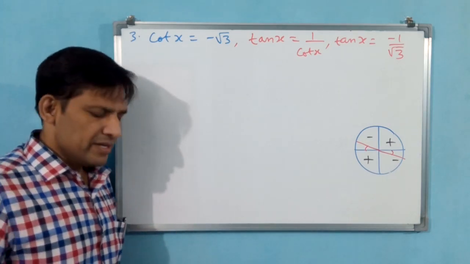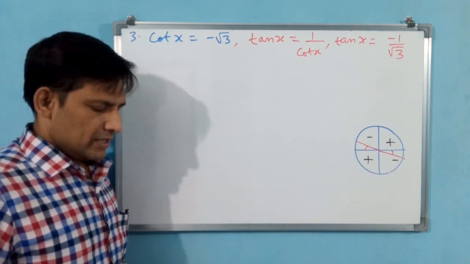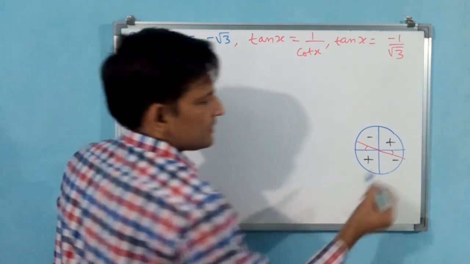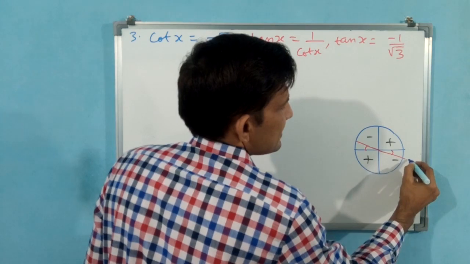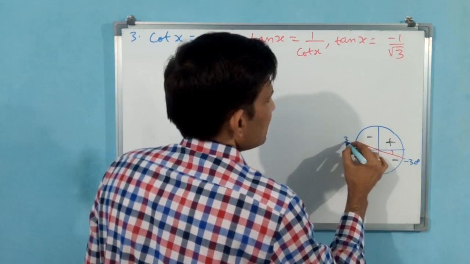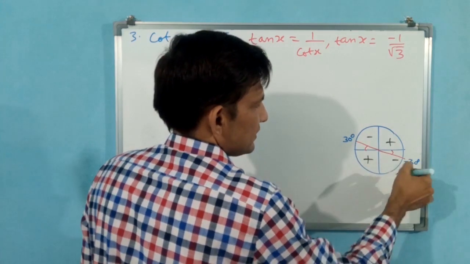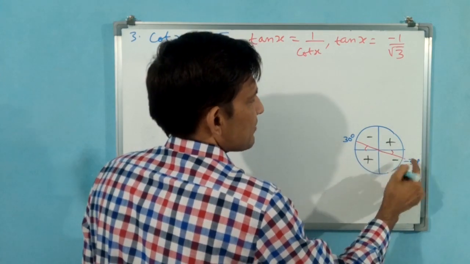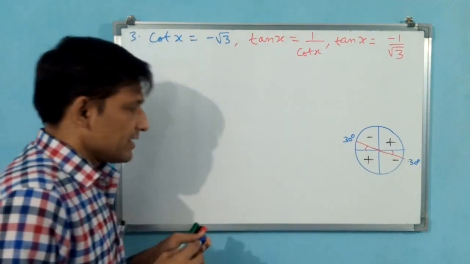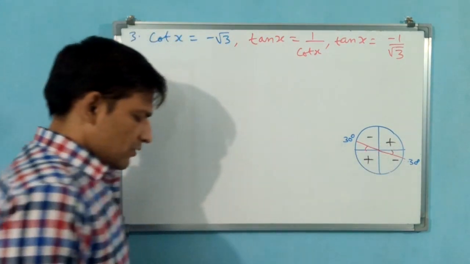Tan 30 degree will be 1 by root 3. Now minus 1 by root 3 means minus 30 degree. This is minus 30 degrees. This is 30 degrees. That means the 30 degree in the minus coordinate, those have come.